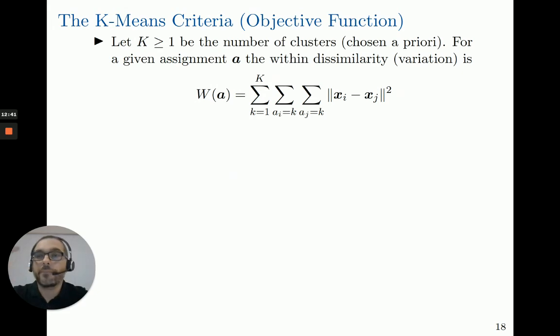So let K be the number of clusters again.